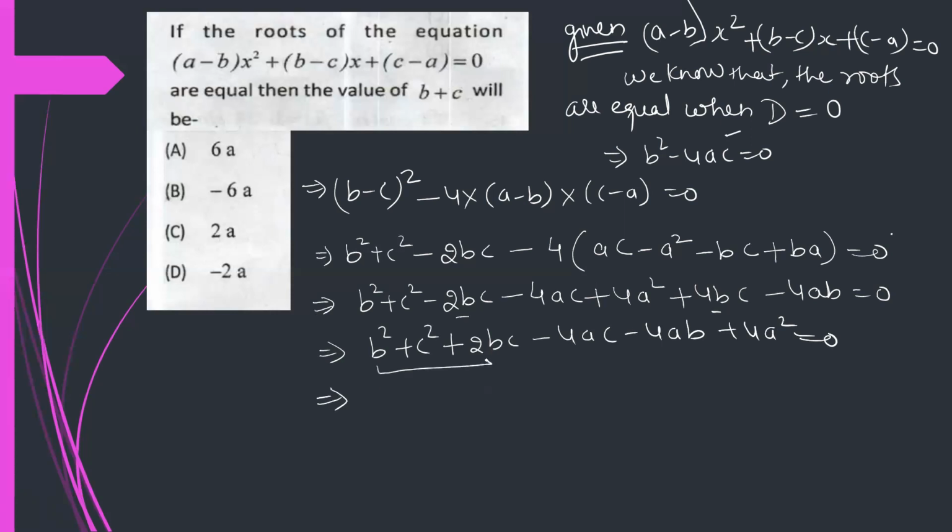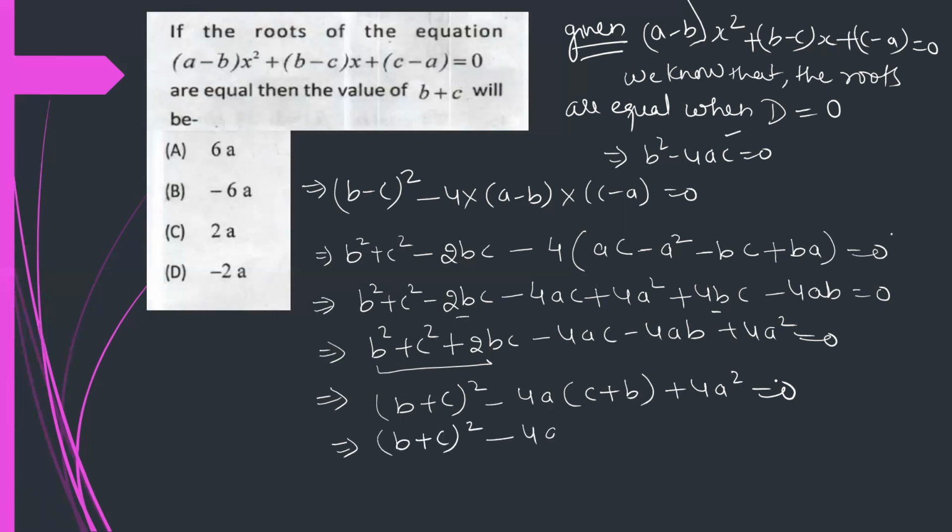Further, this portion you can write as (b plus c) whole square, minus, take 4a common. You are left with (c plus b) plus 4a square equals 0. Further, this can be written as (b plus c) whole square minus 4a (b plus c) plus (2a) whole square equals 0.